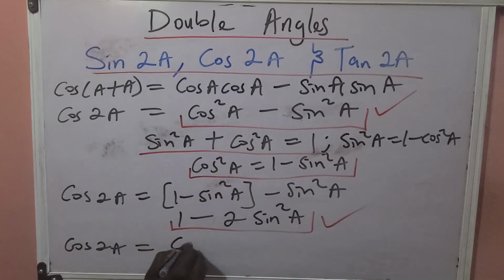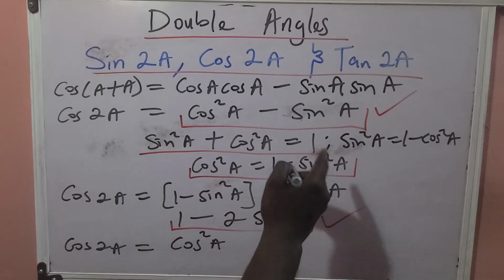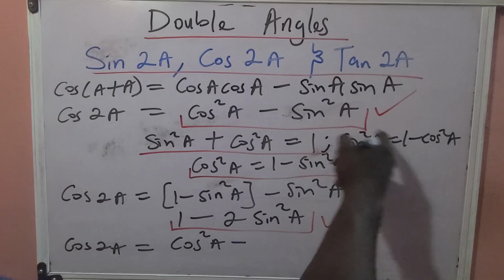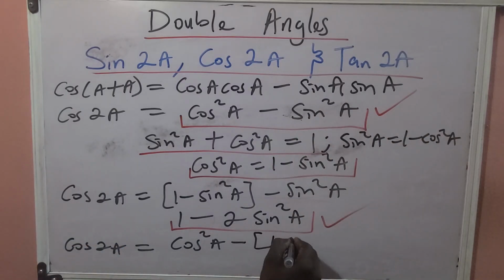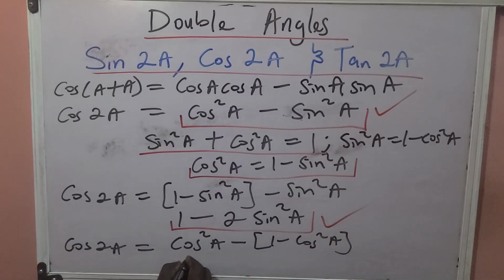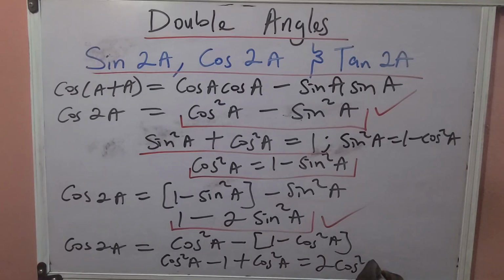So I'll be having cos square A minus, in this case now, replacing sine square A with 1 minus cos square A. This is 1 minus cos square A. This will obviously be cos square A minus 1 plus cos square A. Cos square A plus cos square A will give me 2 cos square A, then minus 1.